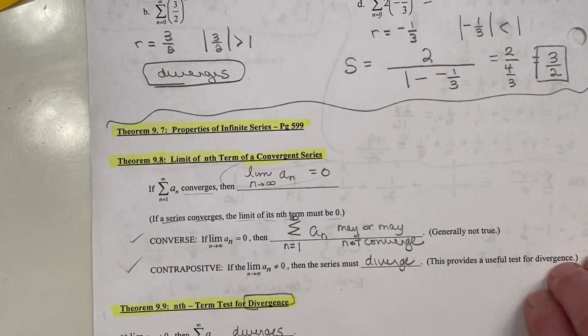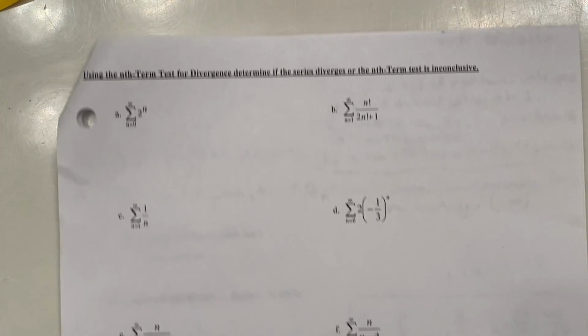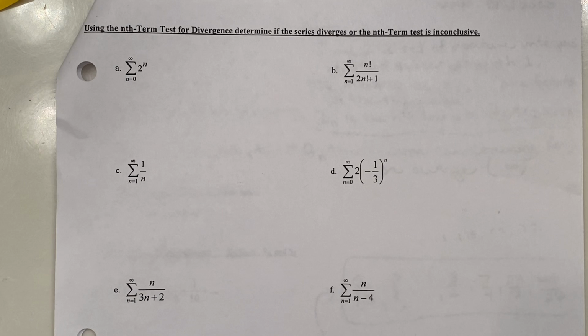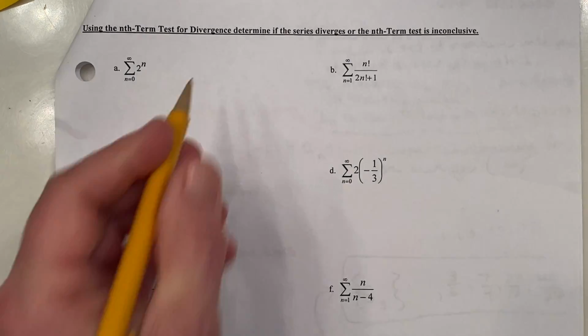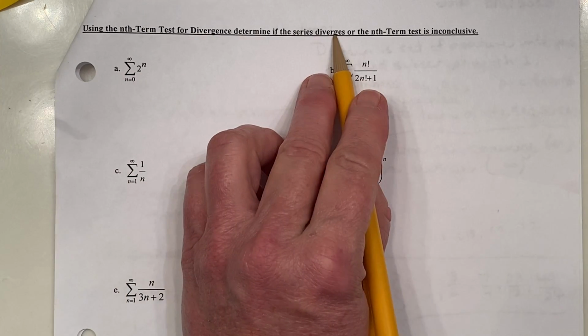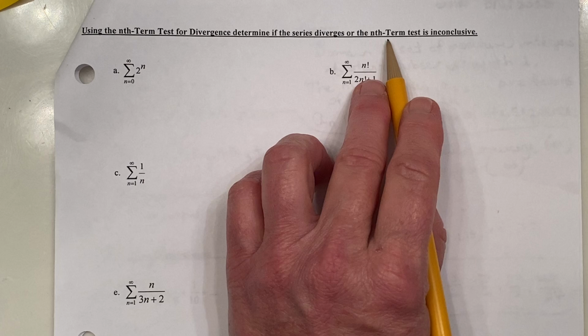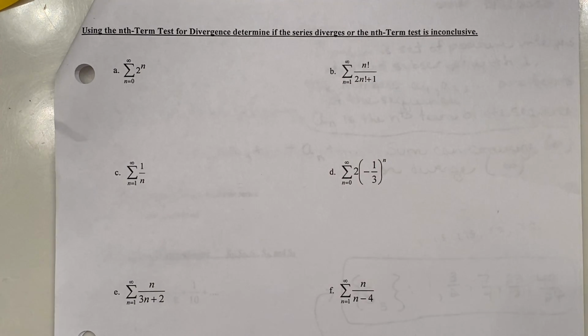So let's see how in examples this theorem can be put into place. The directions say let's use the nth term test for divergence, not convergence, to determine if the series diverges, or let's see if the nth term test is inconclusive.